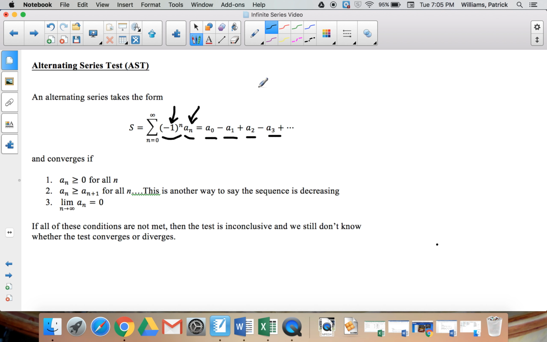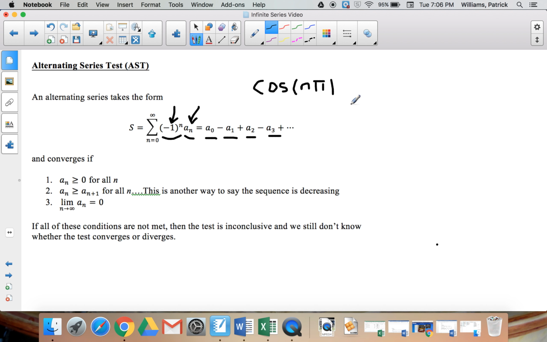Sometimes this -1 to the n could also be represented as, let's say, if we had cosine, and I'm doing my best to write well with the mouse right here. If we had something like cosine of n times pi, that would also be kind of equivalent to -1 to the n, because when n is 0, that will be 1.